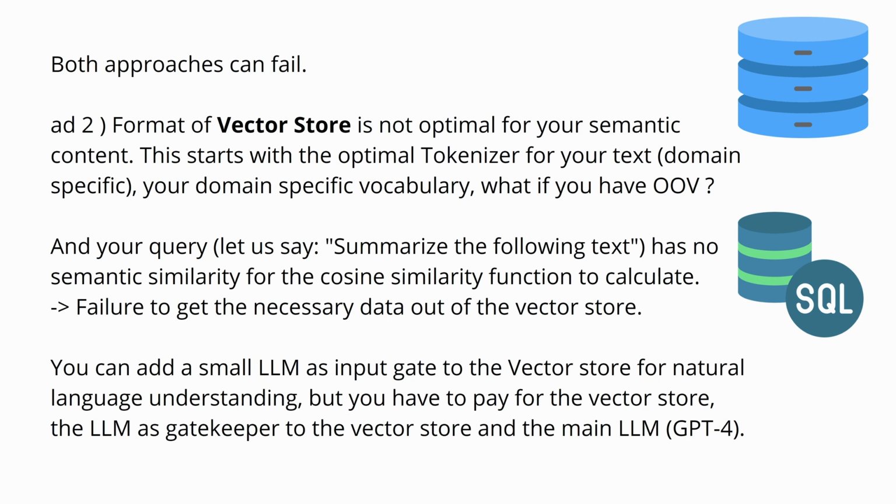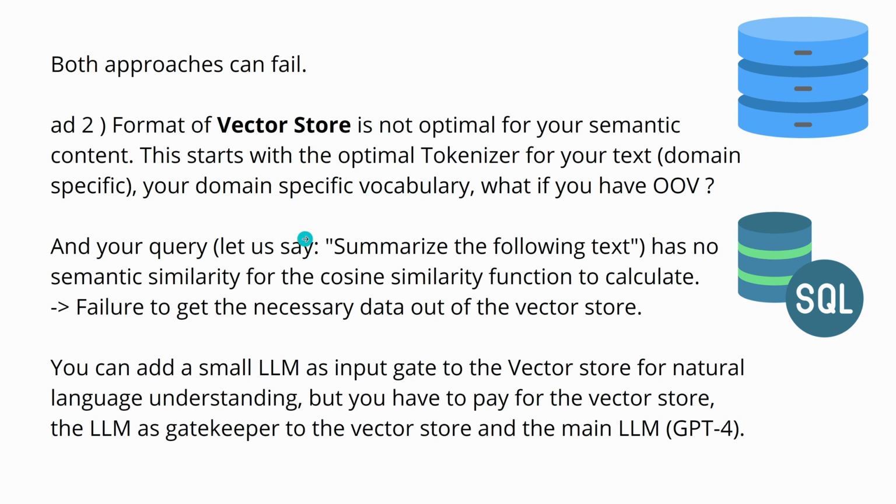If you operate in biochemistry, you will have a completely different specific vocabulary compared to if you work in law or in legal matters. What if your tokenizer has out-of-vocabulary terms, technical terms that are not in the vocabulary, so that your tokenizer will simply ignore that they exist? This is a lot of fun.